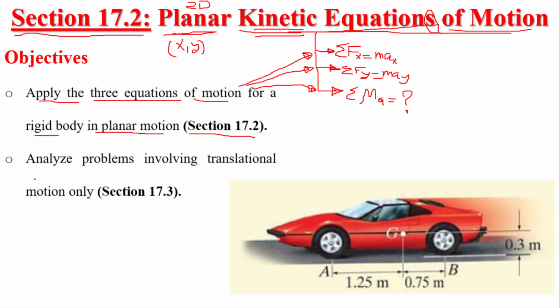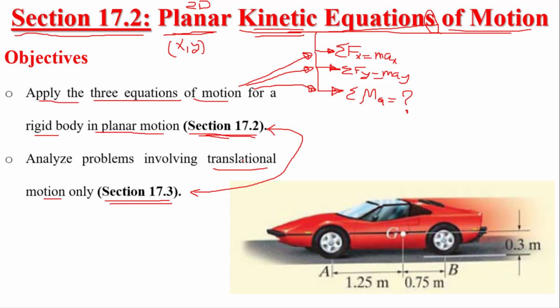The second objective is to analyze problems involving only translational motion, and this is section 17.3. Why do we demonstrate two sections at one time? Because they are connected in the textbook, so there are no specific problems for each section. They are grouped together in the book.